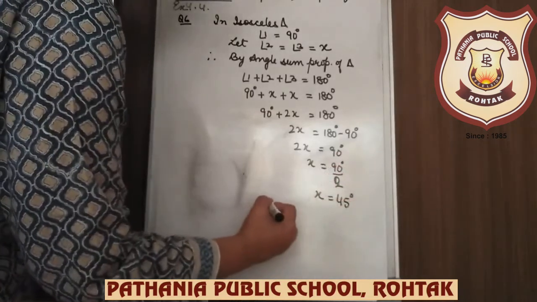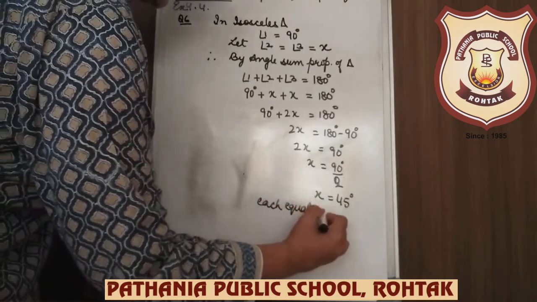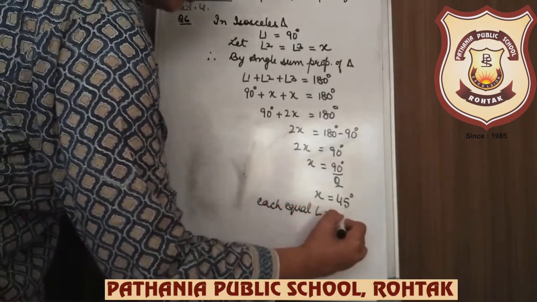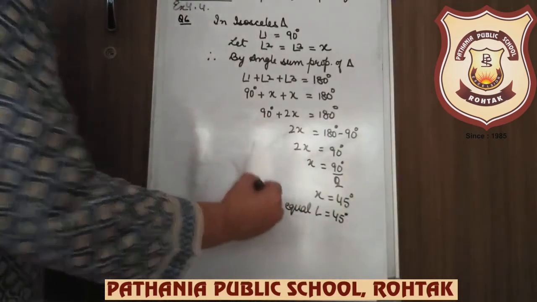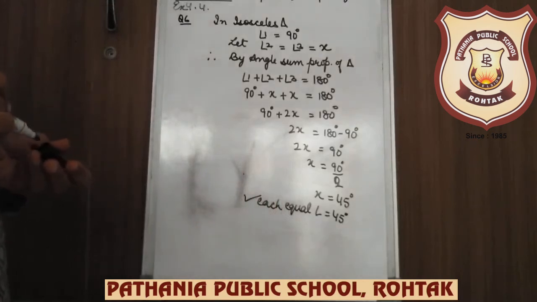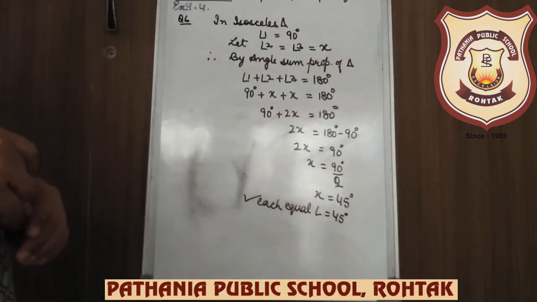So each equal angle is equal to 45 degree. This is your answer. So in this manner you are going to solve your questions.